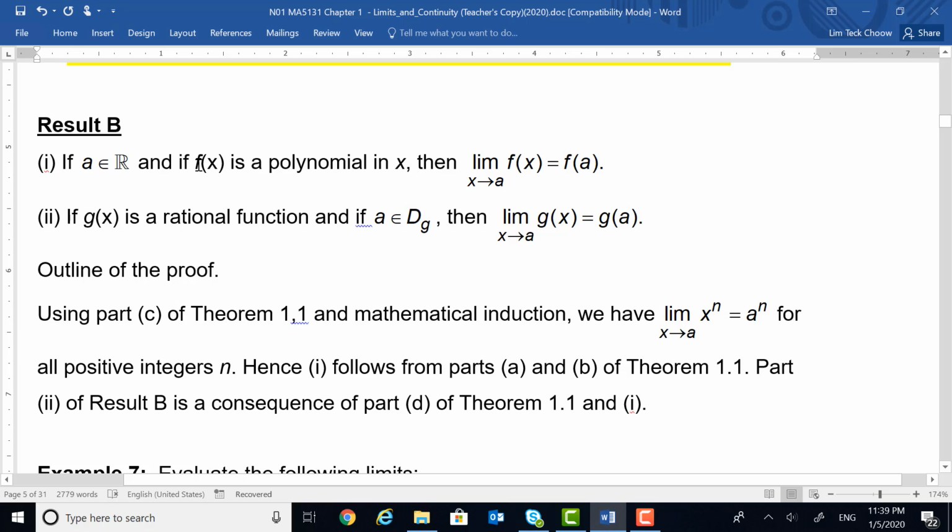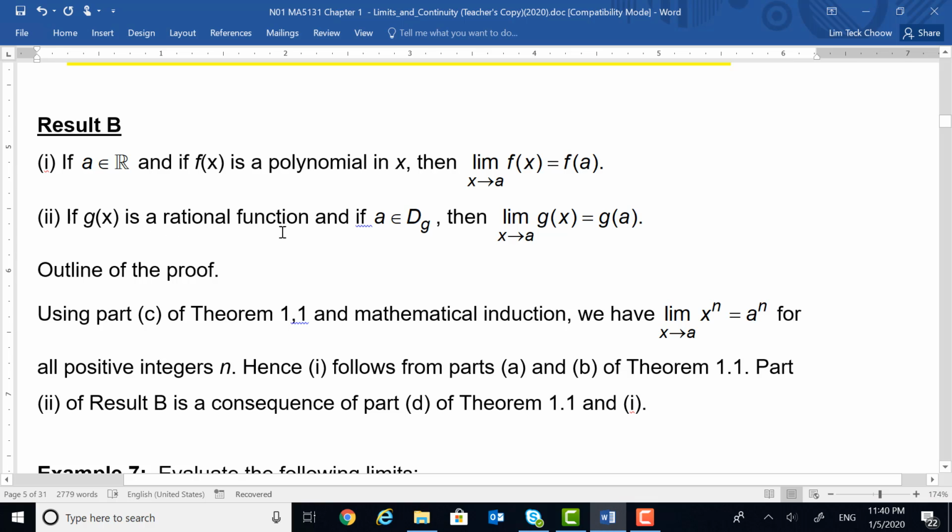So it's actually a function of x to the power of n, where the power n is a positive integer. So what the statement says, if this is a polynomial, then the limit of this polynomial is just the value of the polynomial at the limiting value a, when x goes towards a.